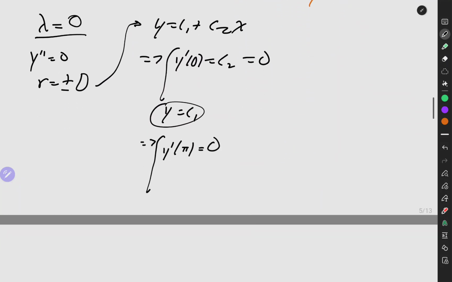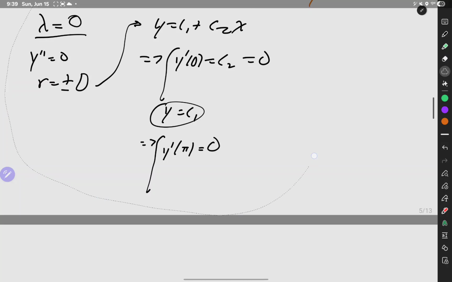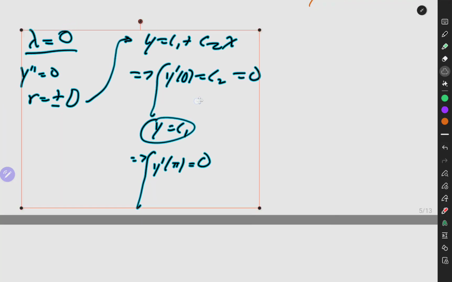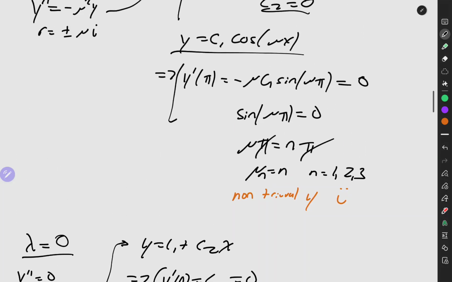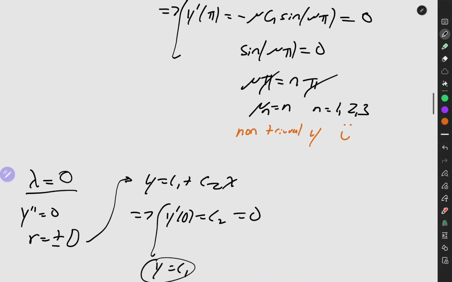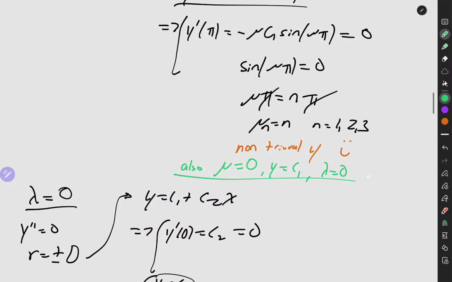So that just confirms that, because if we look at this one here, let me write this in green. Right, if that's the case, then lambda is 0 for that case.